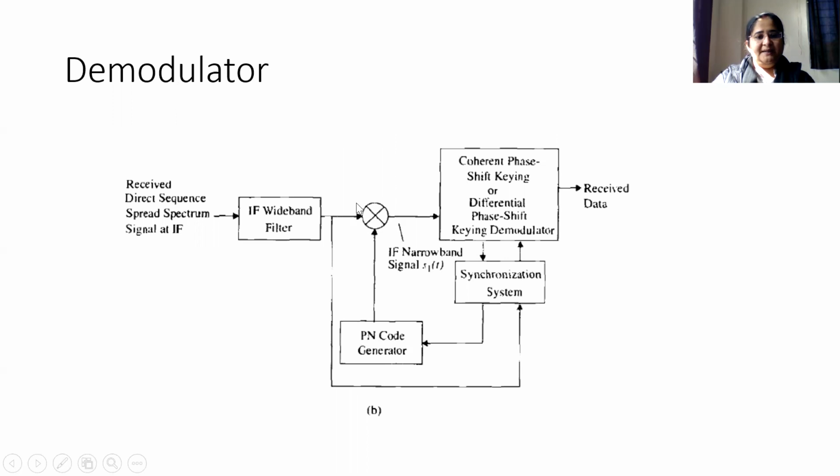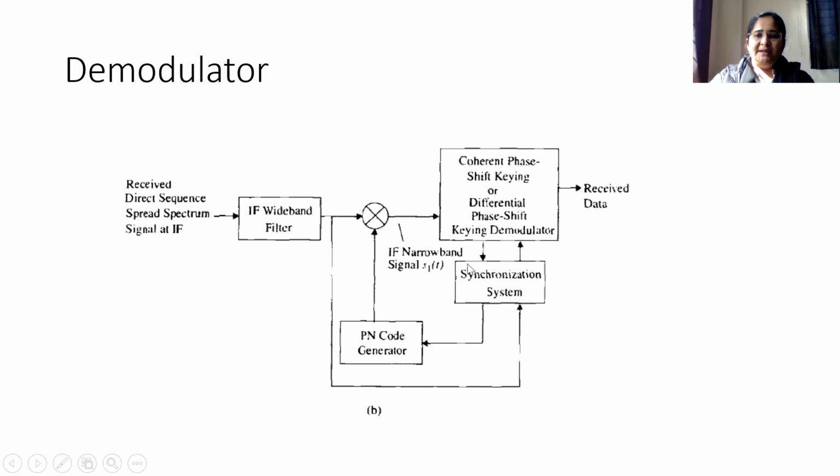Now, after multiplying our incoming signal with the PN code generator, our received signal will get despread. Then we will get our original signal that we have transmitted, but it is modulated. So we pass our signal through this block diagram.